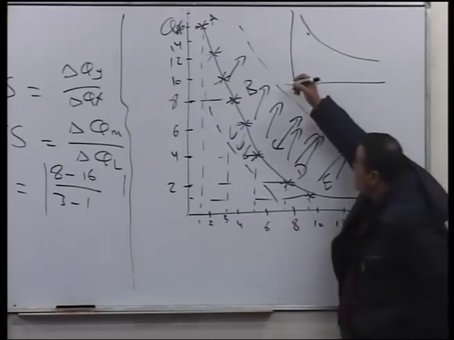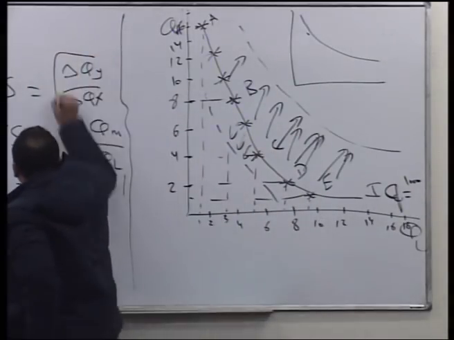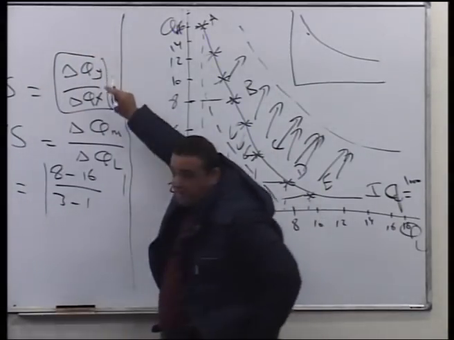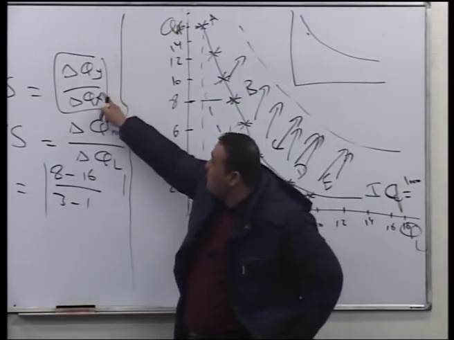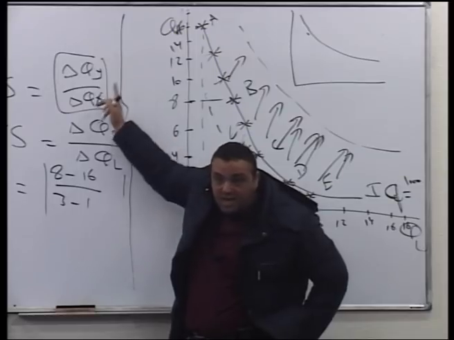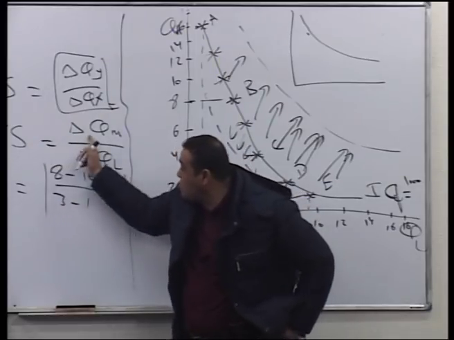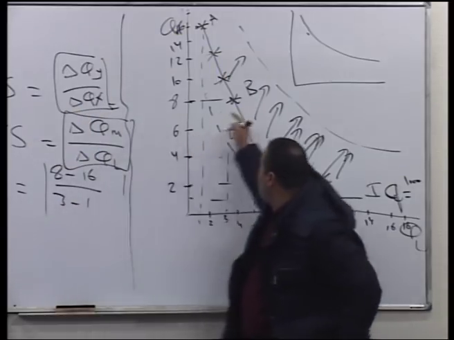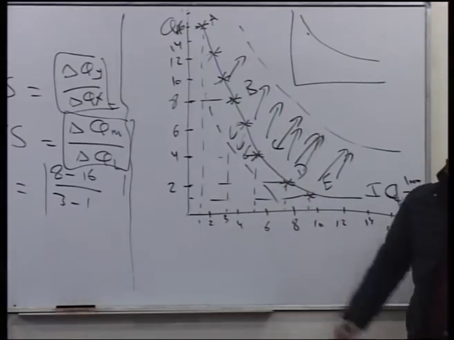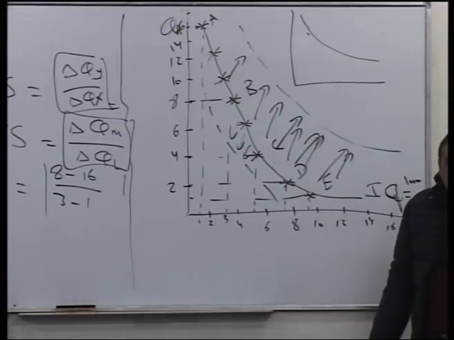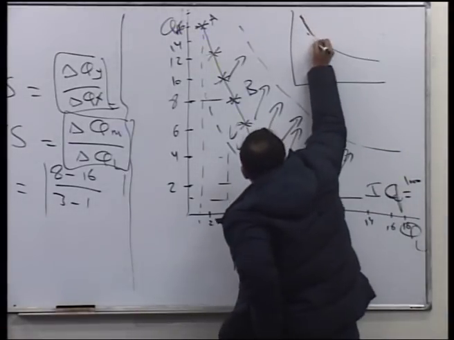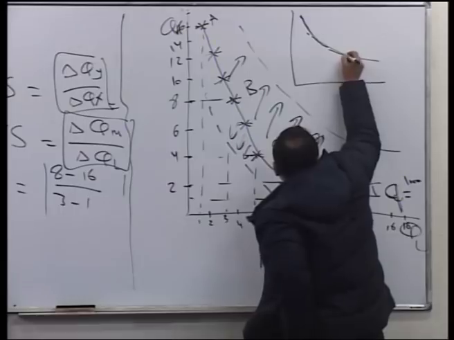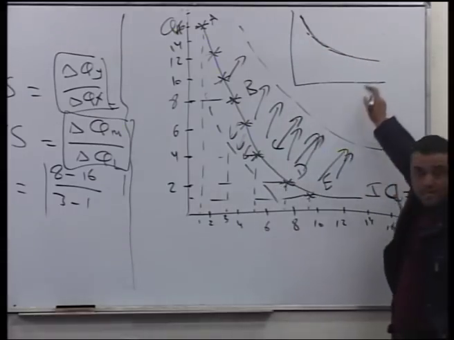We took MRS, which is the change in quantity of Y over the change in quantity of X. This was the slope of the IC in the first curve. And the marginal rate of technical substitution is the slope of the isoquant curve. And the slope is decreasing when we move from left to right.